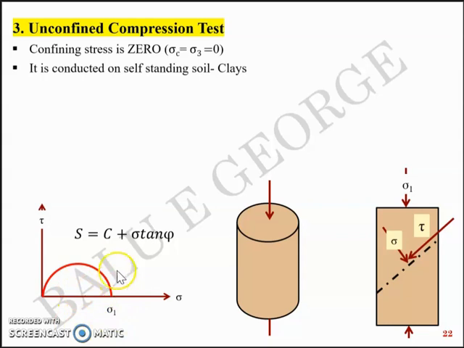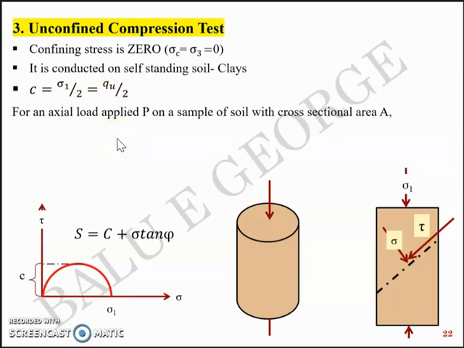Here we have C, the cohesive intercept. When you draw the line, it will not have a slope, which means phi will be equal to 0. So C is the radius of the Mohr circle, which is half the diameter, which means C equal to sigma 1 by 2 equal to QU by 2, the ultimate stress by 2.